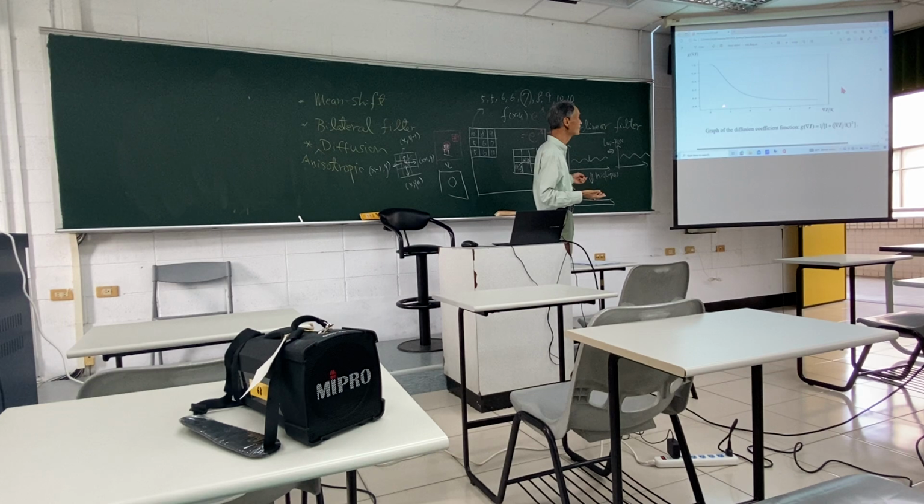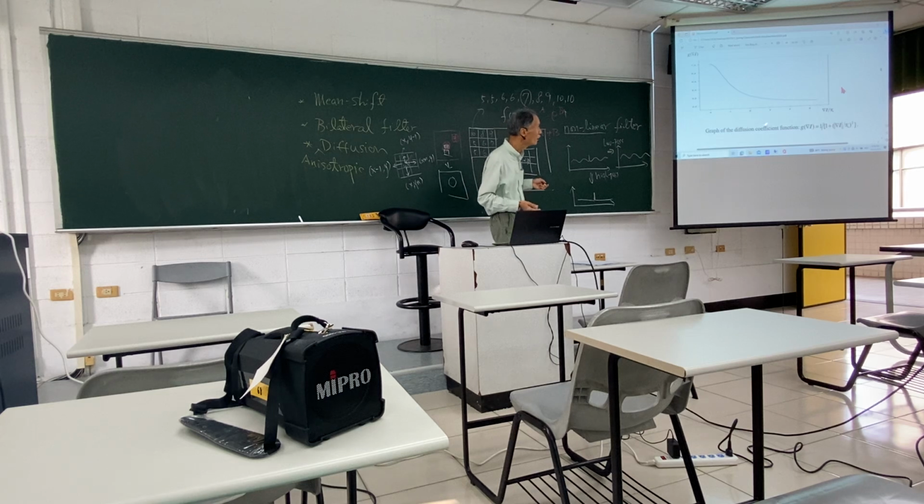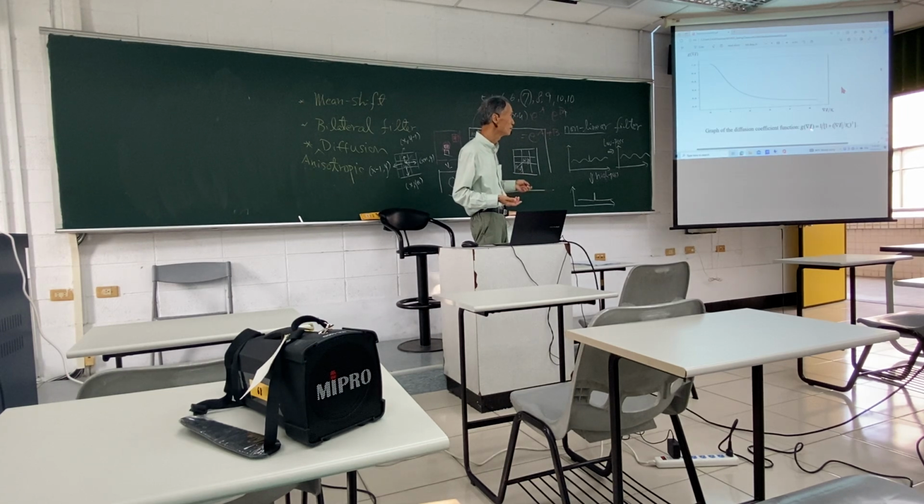But this does not have to be the only coefficient function. There are a lot of other models, but this is based on the PM model. The only thing for the user is you need to fine tune the constant k with respect to the delta I. That depends on what your original input is.